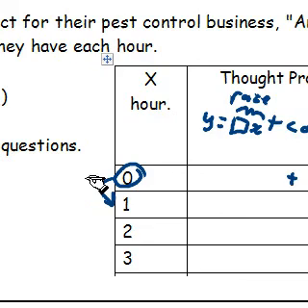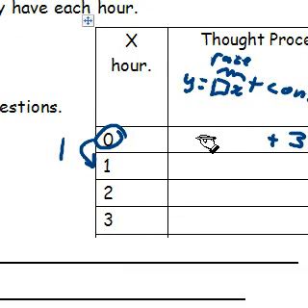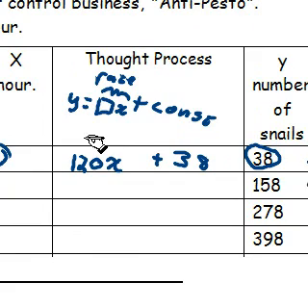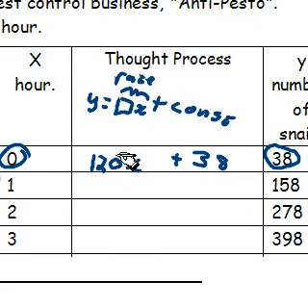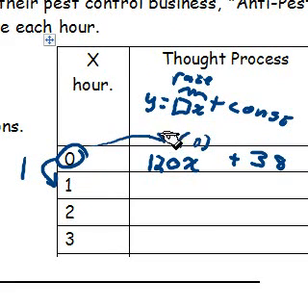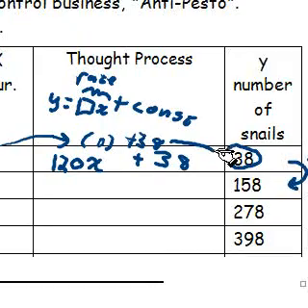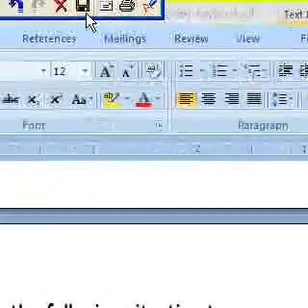And that's when it just increases each hour. So it looks like the rate of increase is 120 snails per hour. So the thought process in this case was 120 times 0, and that's pulled from that 0 right there, plus 38, and that's how we get 38 over here.